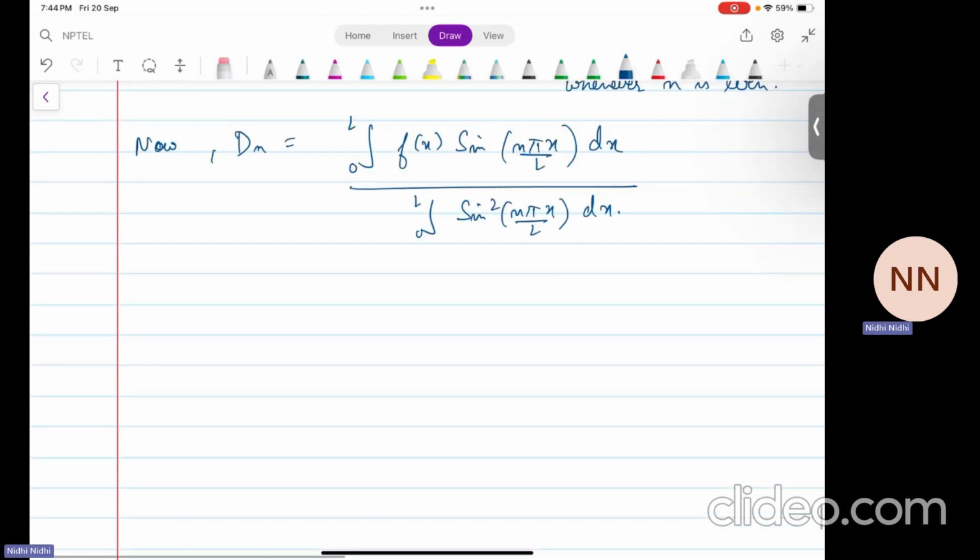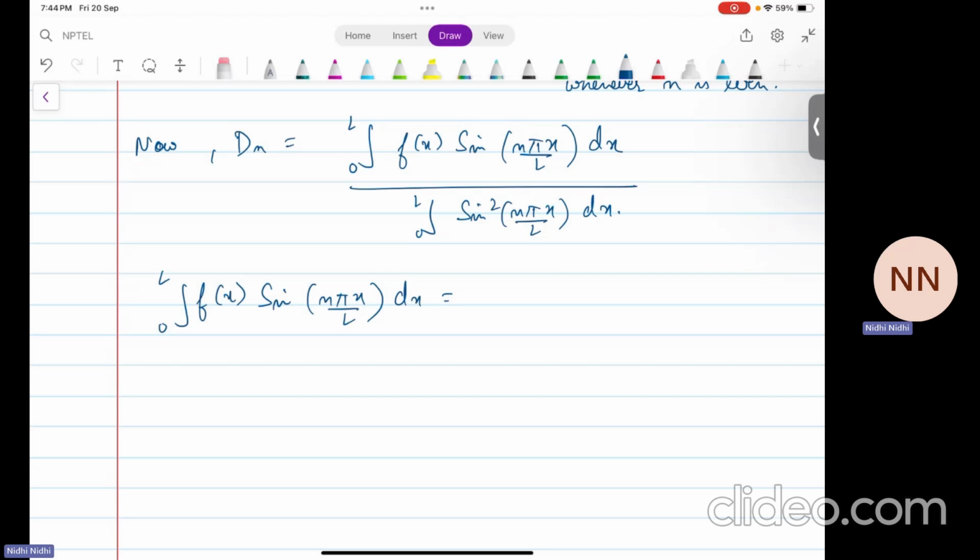So all we need to see is what the numerator will be: 0 to L f(x) sine(n pi x by L) dx. Now this can be split into three parts because our f(x) is a piecewise function.